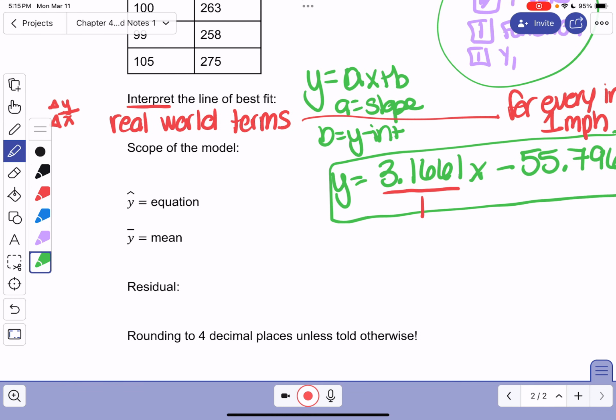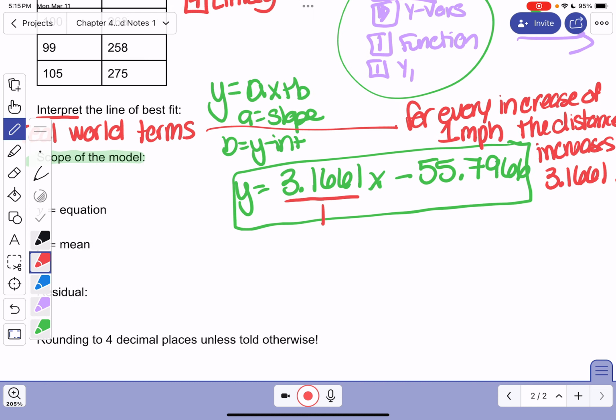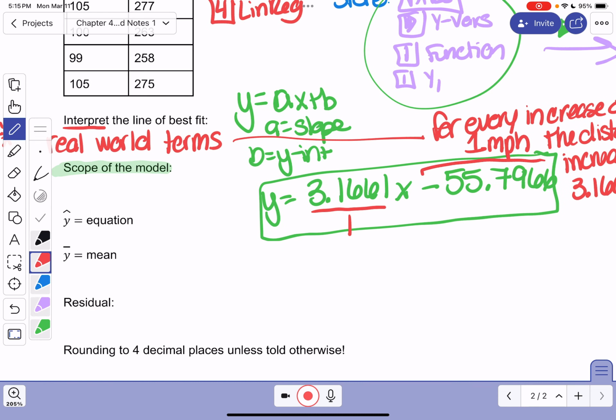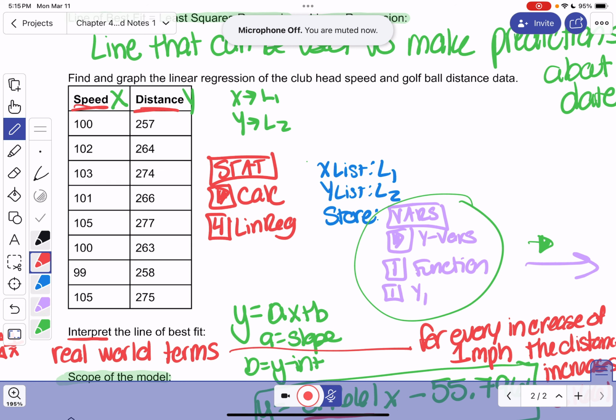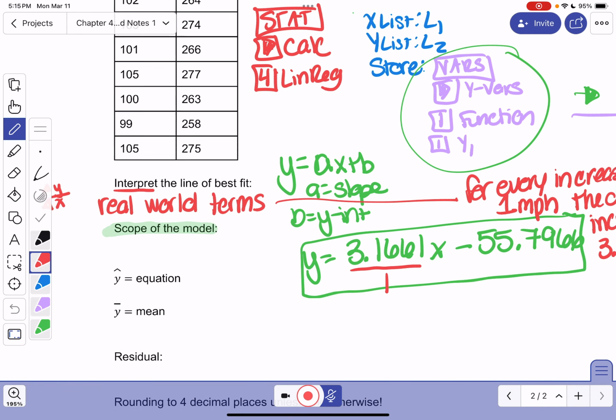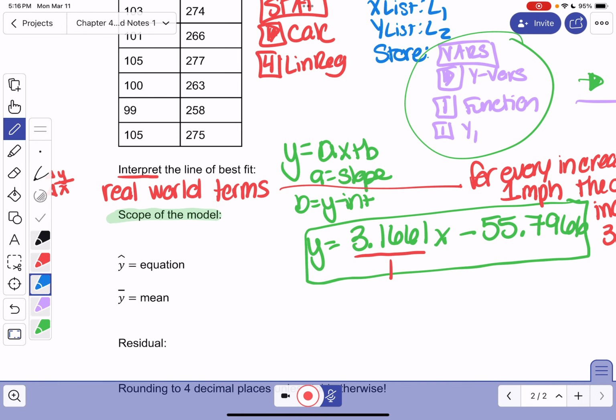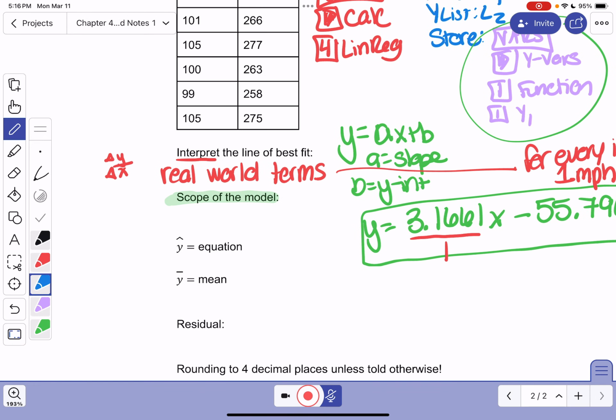A big thing to pay attention to is the scope of the model. So does it make sense? Now our y-intercept for this is negative 55.7966. Our y is distance. You can't go a negative distance. You just can't. Even if you go backwards, you're still going a positive distance. So we wouldn't interpret the y-intercept because it doesn't make sense. So y-intercept, not realistic.